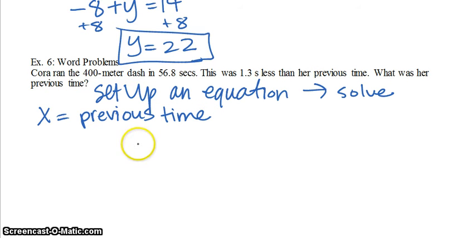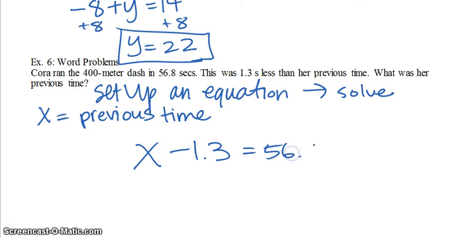So if I know x is her previous time, and then I needed to subtract 1.3 because we know that 56.8 is 1.3 seconds less than her original time, or her previous time. So therefore, we know, you probably could have done this in your head, that you're going to need to add 1.3 to each side, but we're now able to show it because we have our equation.